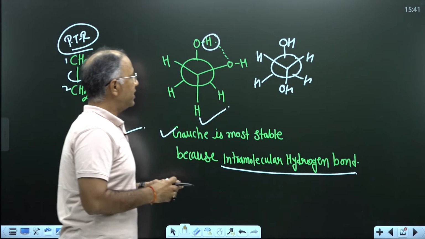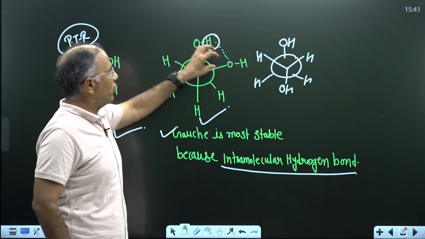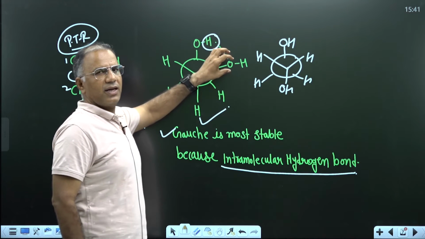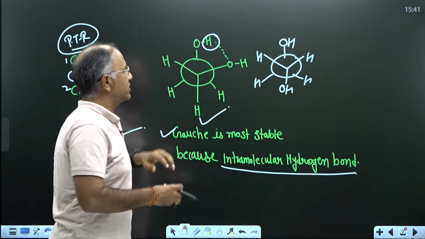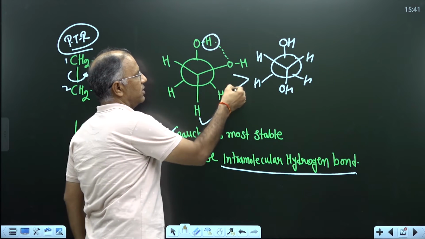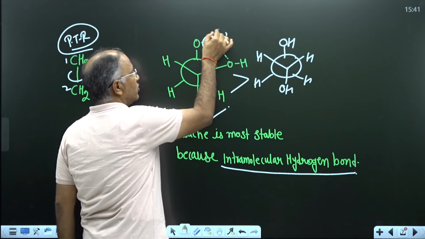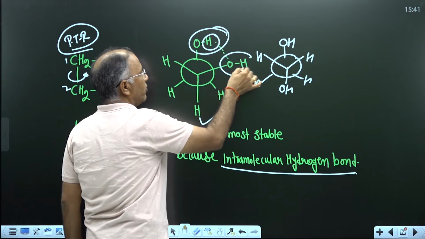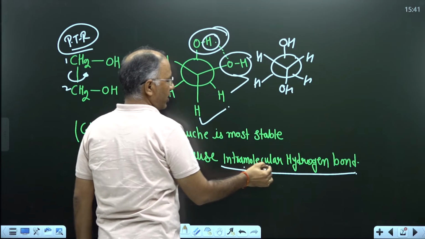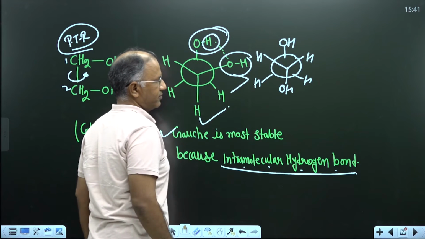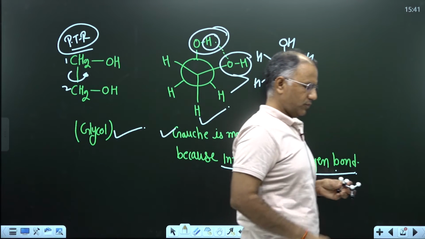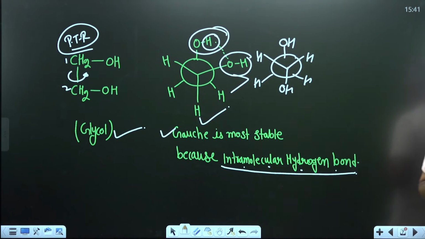So whenever there are any two groups doing hydrogen bonding, in that case gauche will be more stable than the staggered conformer. So what is the condition for gauche to be more stable than staggered? These two groups must undergo intramolecular hydrogen bonding. Write the example in your notes.